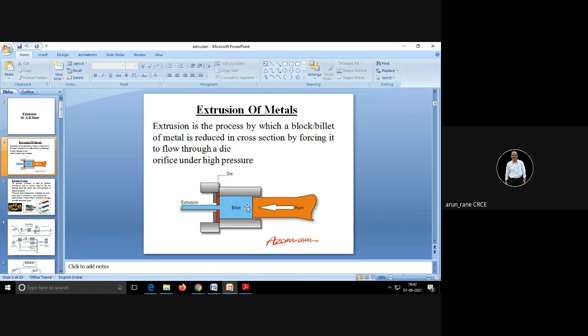Billet means the size of the raw material is more, it is bigger. The billet has a larger cross-section area and its length is also more.